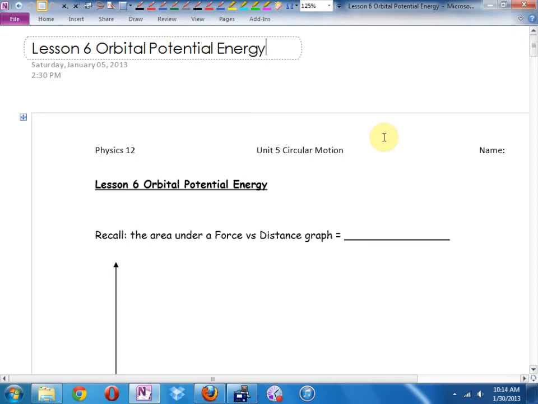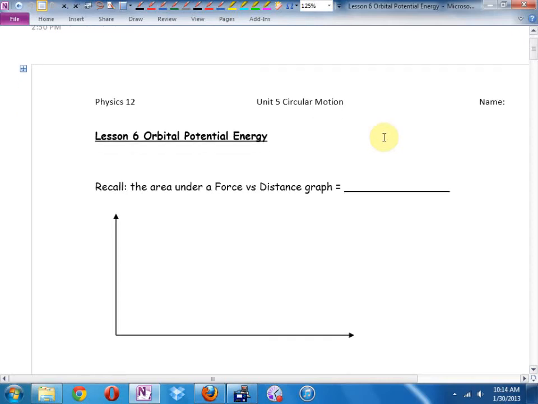We're going to start off with a bit of recall. Recall the area under a force versus distance graph. What was the area under a force versus distance graph? It was work.